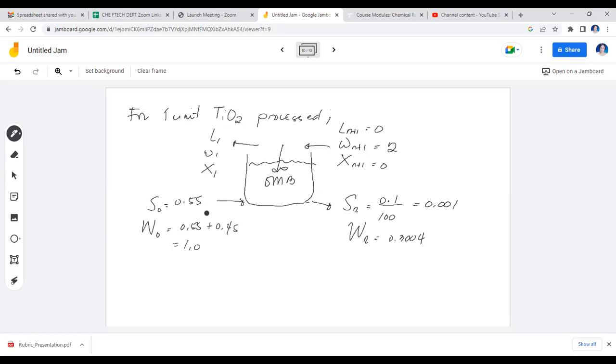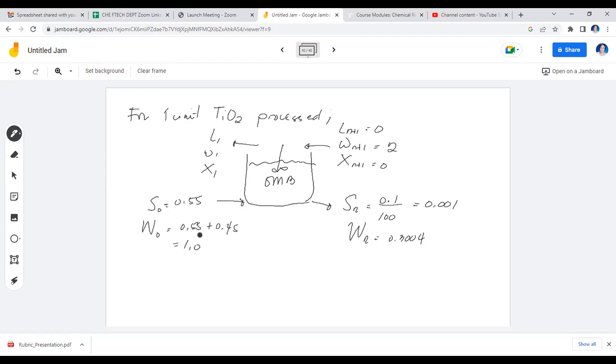For the feed, your feed contains 0.55 kilogram of salt. So our solute is the salt. So this S is the solute. So the salt is 0.55 kilogram per kilogram of pigment. That is why I place here only 1 unit of titanium dioxide process, because this is based only on 1 kilo of titanium dioxide.